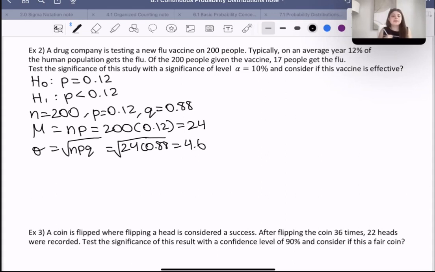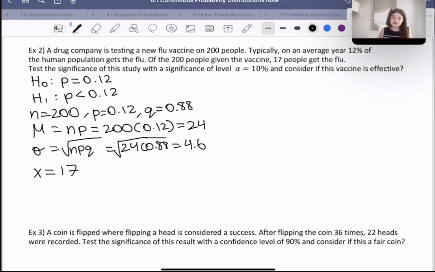Okay. So X is going to be 17 because we want to know, do 17 people get the flu? Is the fact that 17 people got the flu out of the 200 evidence enough, with a 10% confidence level, that this vaccine is effective?